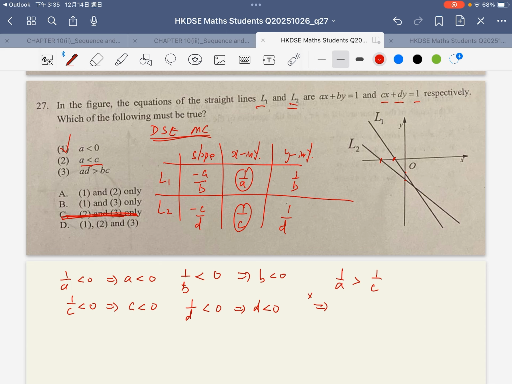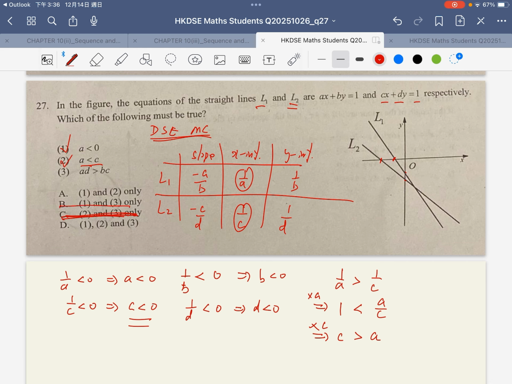We first multiply by A. Because A is negative, we have to change this sign. 1 over A, or this is 1, A over C. And then multiply by C. C is also negative, so once again we have to change the sign. Therefore, A is less than C. That is true. Then 1 and 2 are true.